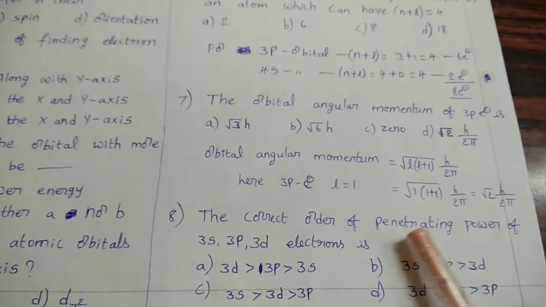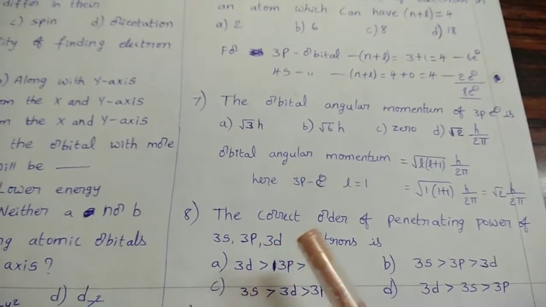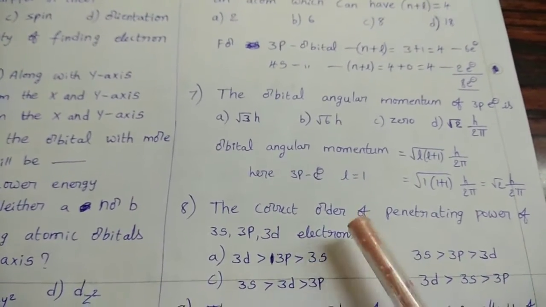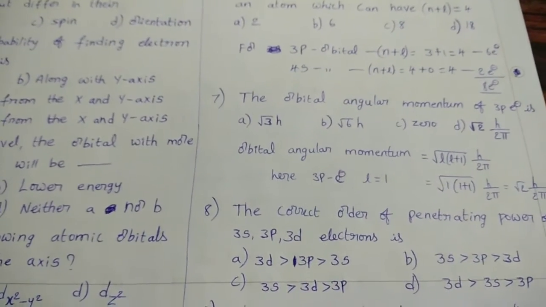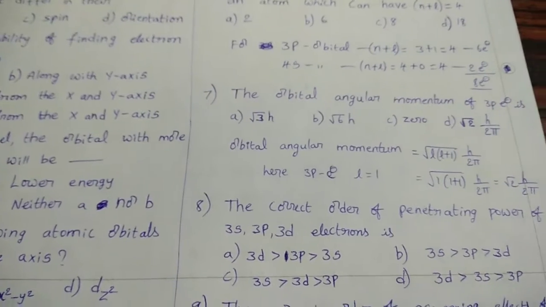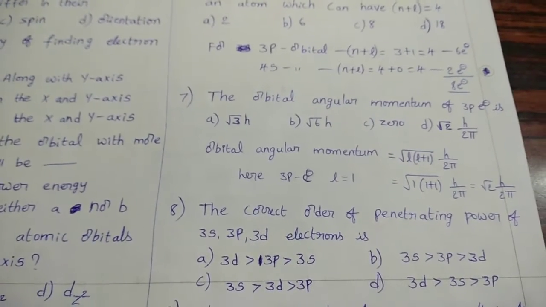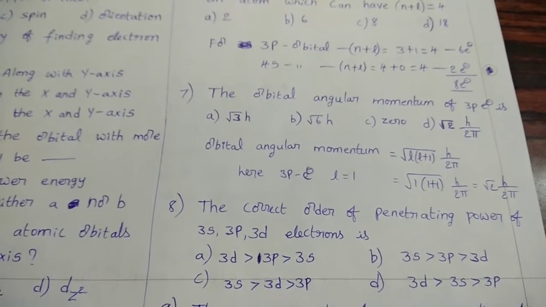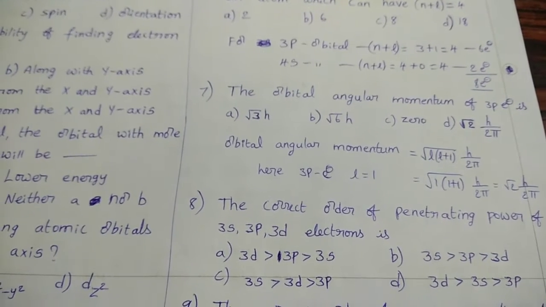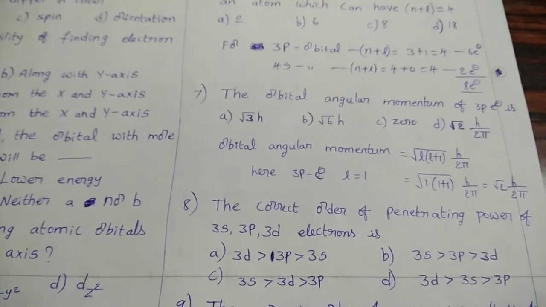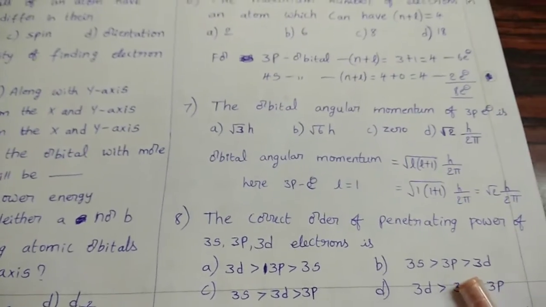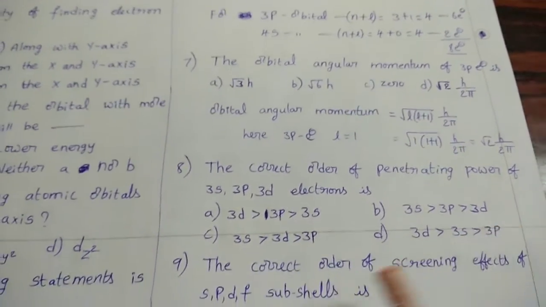The correct order of penetrating power of 3s, 3p, 3d electrons is... Penetrating power means which orbital is closer to the nucleus, then we can say its penetrating power is more. Here 3s orbital is closer than 3p, which is closer than 3d. So the correct option is option B: 3s greater than 3p greater than 3d. Next.